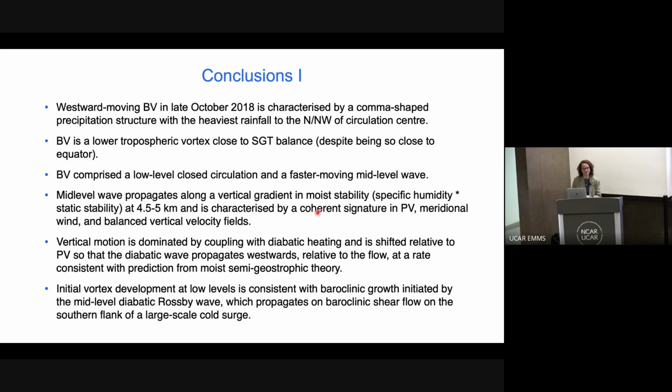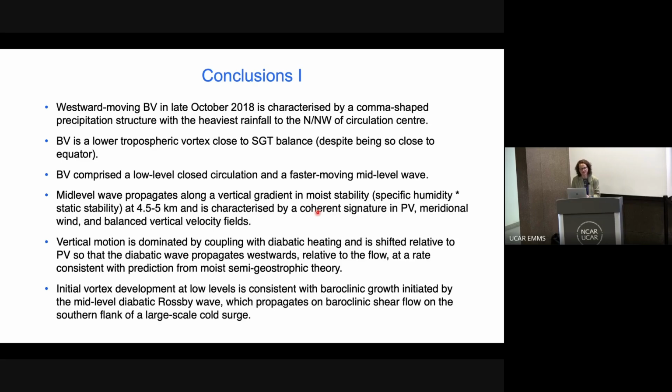We've also seen that for this case, the setup comprised the low-level thermal vortex and the mid-level vortex, and that the mid-level diabatic Rossby wave was propagating along the moist stability gradient. We also saw in these cross-sections that there is a coherent signature in this diabatic Rossby wave in PV, meridional wind, and also in the vertical velocity fields. And the vertical motion is dominated by the coupling with diabatic heating and is shifted relative to the PV.